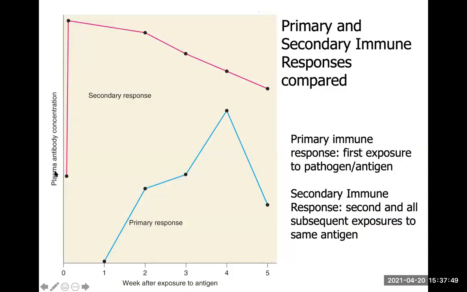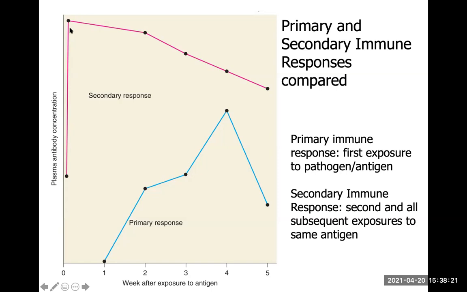Another way of looking at it, so the plasma antibody concentration over the days and weeks after exposure. And so you have your primary response, and it can get quite high with the amount of antibody. It took a while to get to that peak level. Now, when you have a secondary exposure, you immediately secrete an insane amount of antibodies.